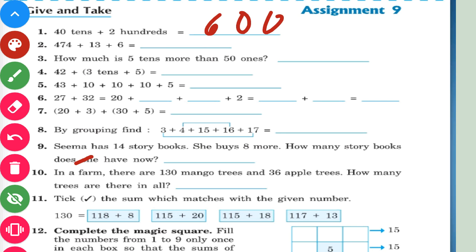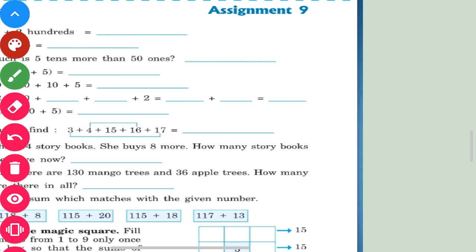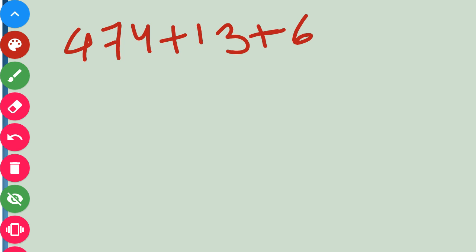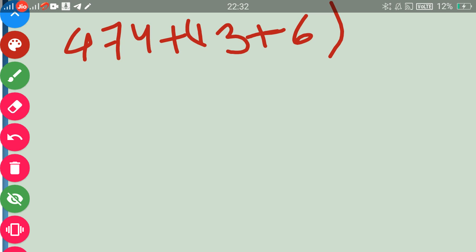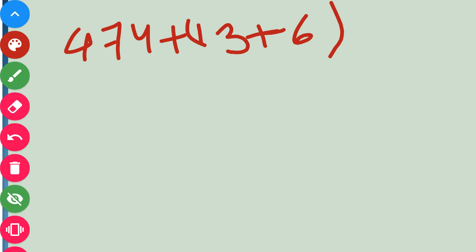474 plus 13 plus 6. So we will do this question by regrouping. First we will add 13 and 6.